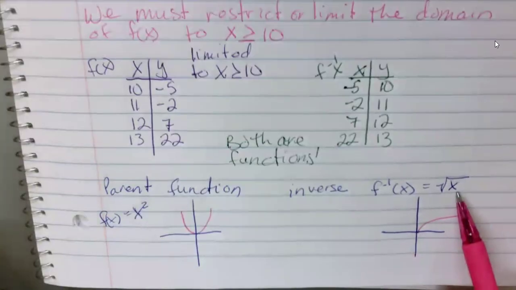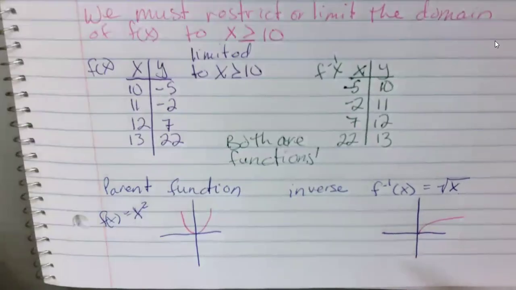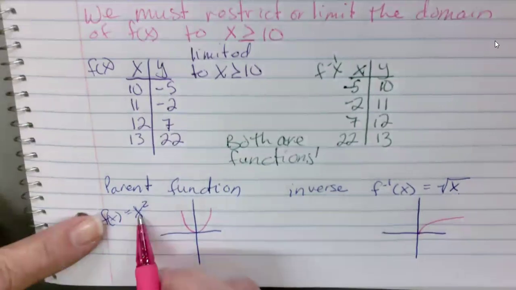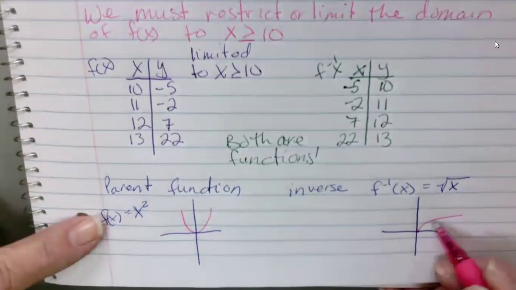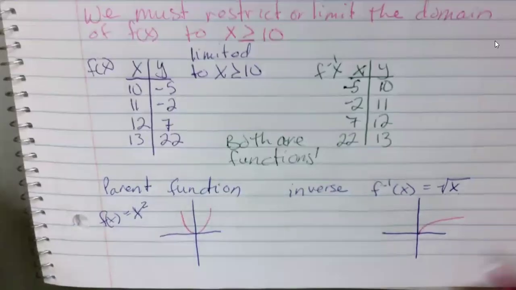Those are going to be imaginary numbers. Well, we don't have a way to graph imaginary numbers on this xy axis. So that's why the inverse of a quadratic is going to have a square root, and it's going to look something like that. All right, now let's go practice one.